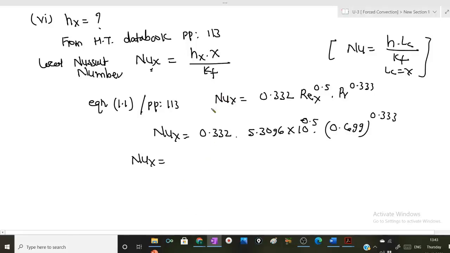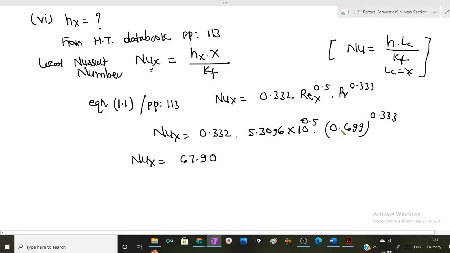Can someone tell me the value of this? Sir, 67.89. How much? 67.89, correct. I could calculate 67.90. Okay.